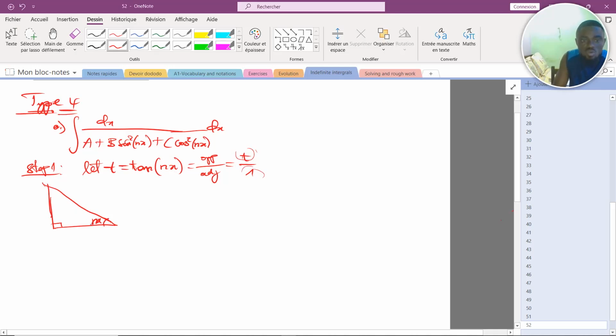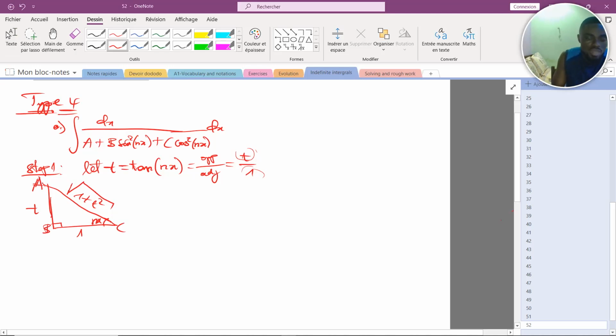If my angle nx is here, what is the side opposite to nx? It is this side. So I'll take my t and put it here. And what is the side adjacent to nx? This side. So I take my 1 and put it here. Naturally, the hypotenuse will be what? If you apply Pythagoras theorem, the square root of 1 plus t squared. Let's call this triangle A, B, C. Okay.